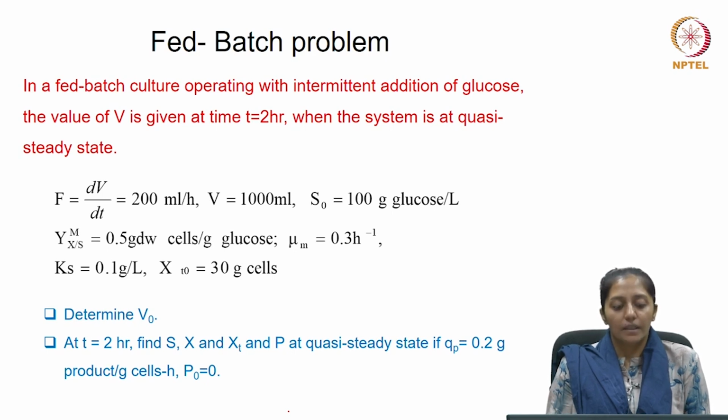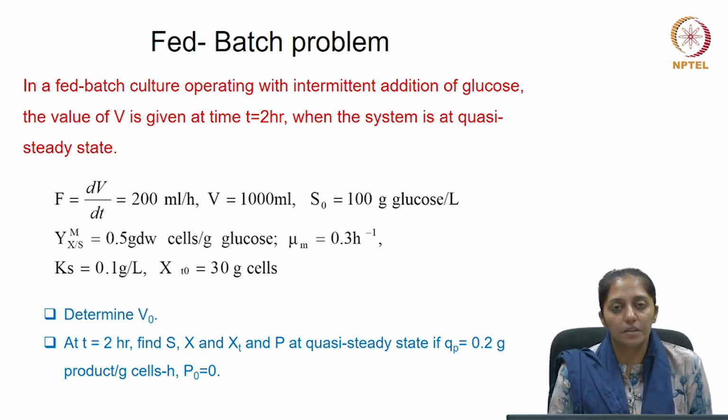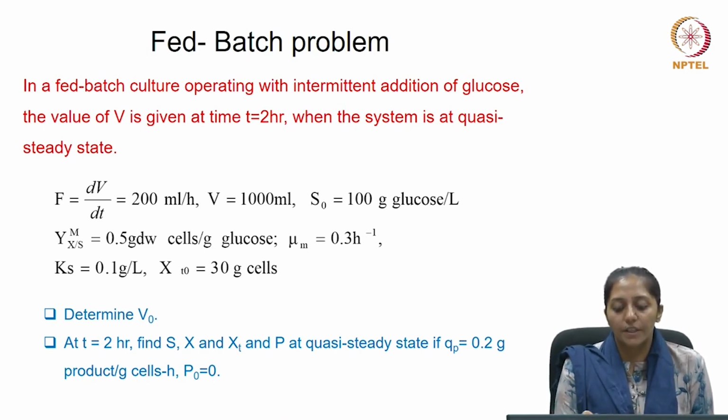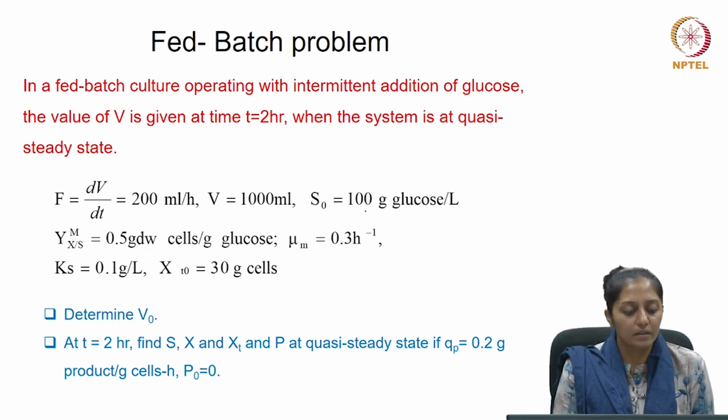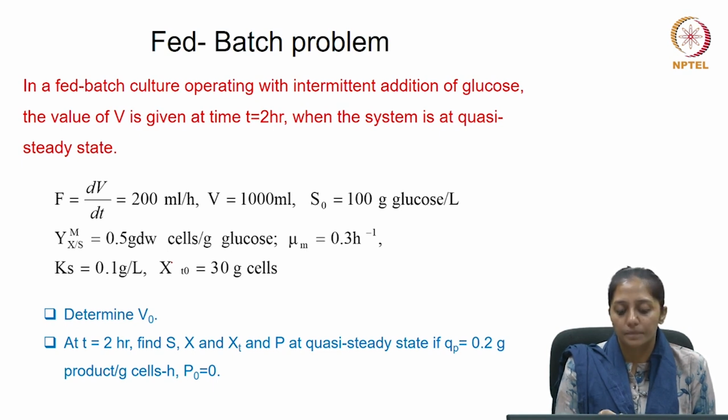The volumetric flow rate is given as 200 milliliter per hour. The feed concentration in this quasi steady state fed batch process is 100 grams glucose per liter. The theoretical Yx by S is given to us, maximum 0.5.